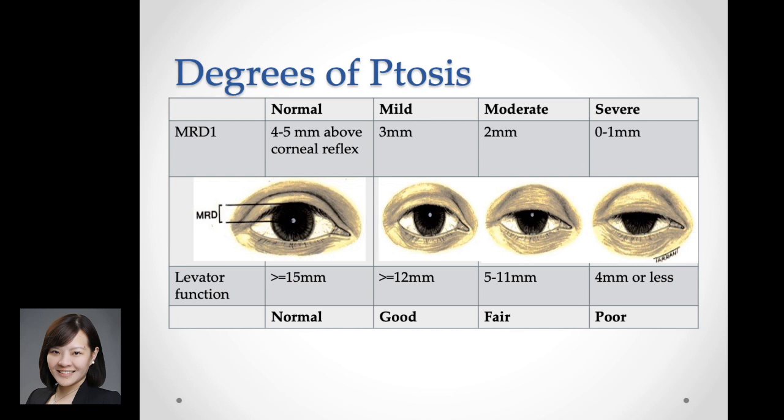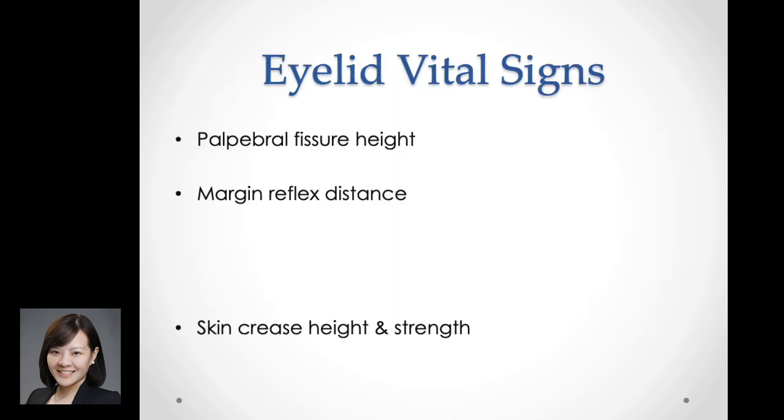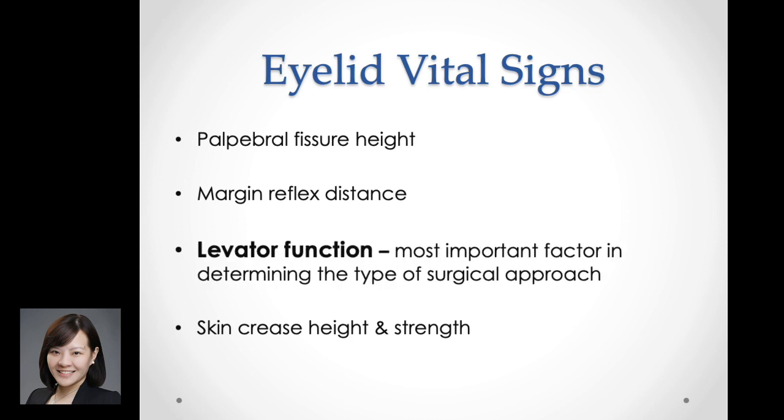So that's just a summary of the possible measurements. So again, the levator function among these four parameters will be the determining factor for the type of your surgical approach.